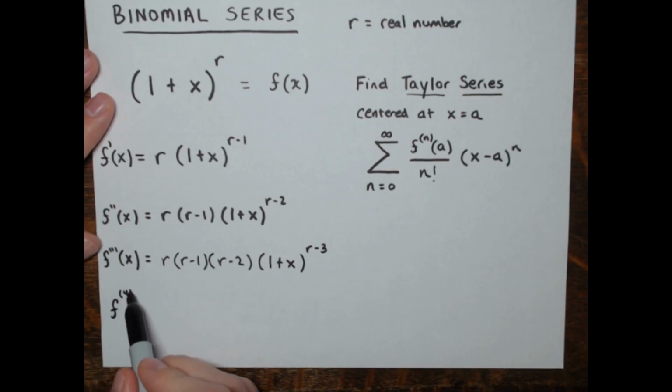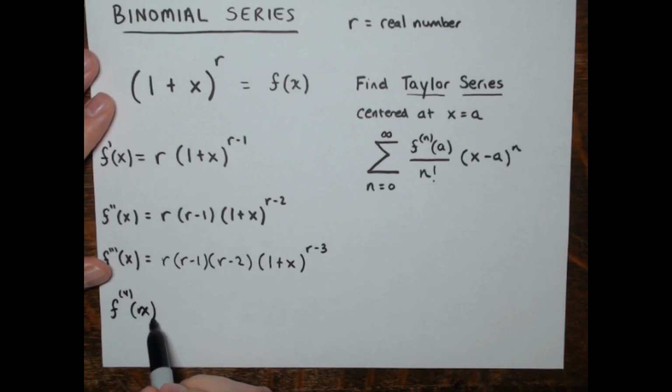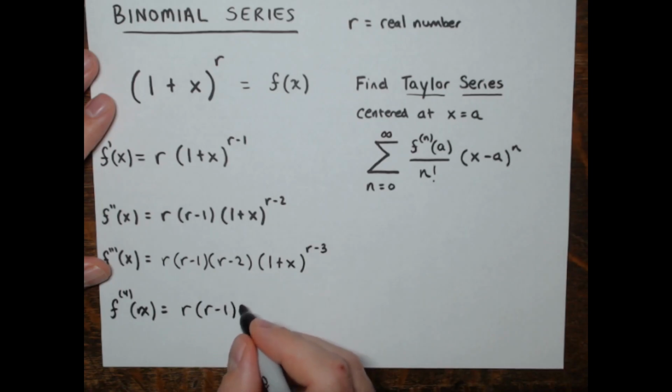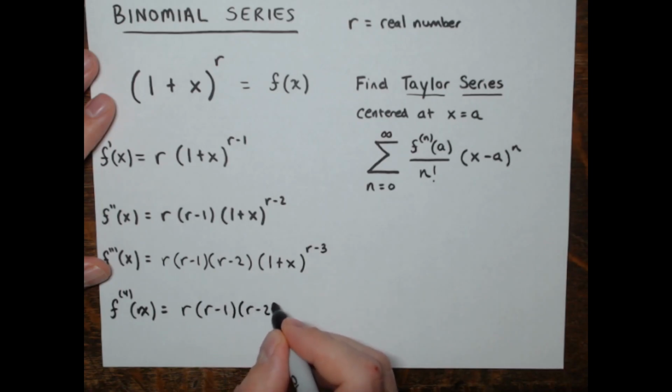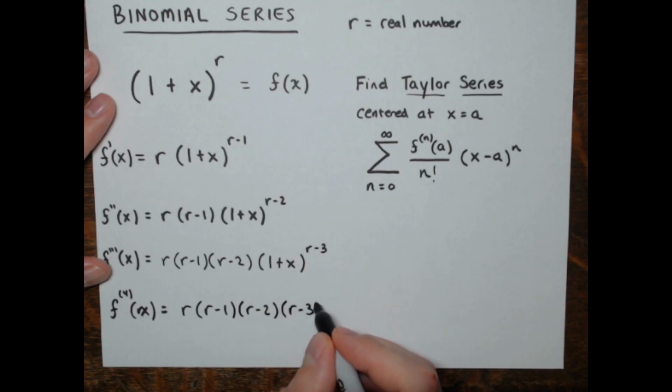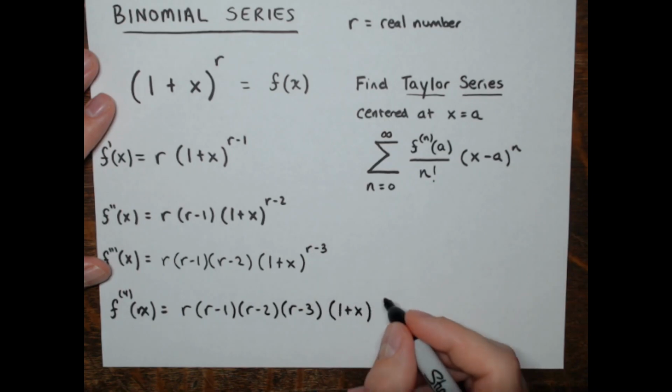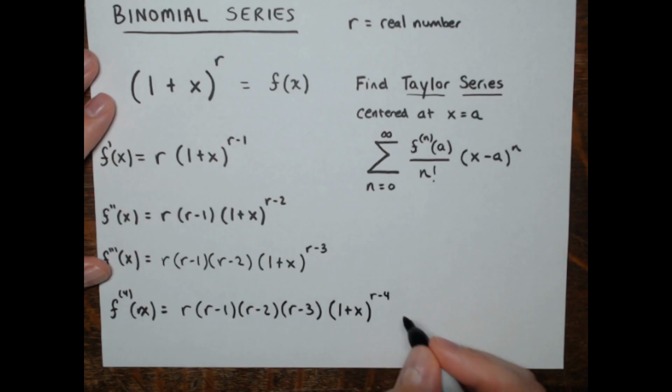So the fourth derivative, and like I said, after this fourth derivative, hopefully I can explain to you what the general nth derivative looks like. So this is r times r minus 1 times r minus 2, and then applying the power rule here, I'd have times r minus 3 times 1 plus x to the r minus 4 power.